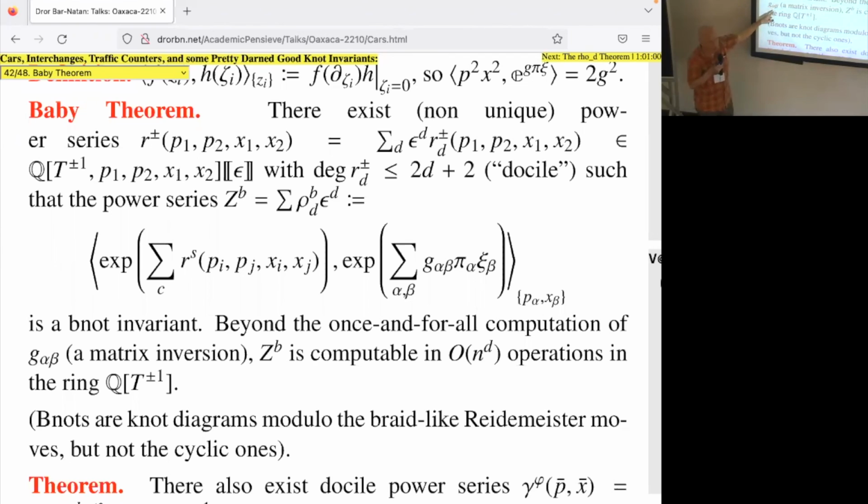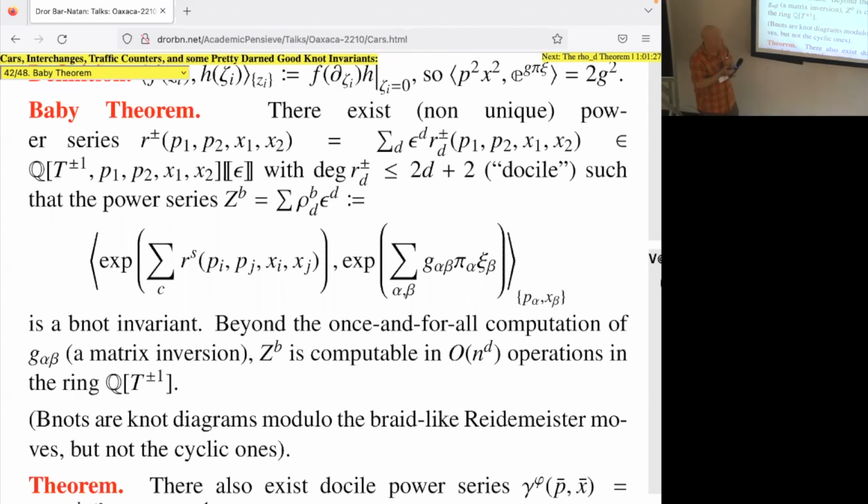not of knots, but of a restricted class where you allow only a partial subset of the Reidemeister moves. Basically you allow only the Reidemeister moves that are acyclic, the ones that can occur in braids.